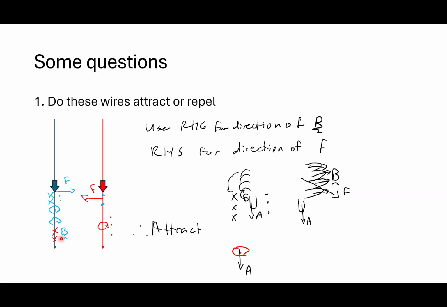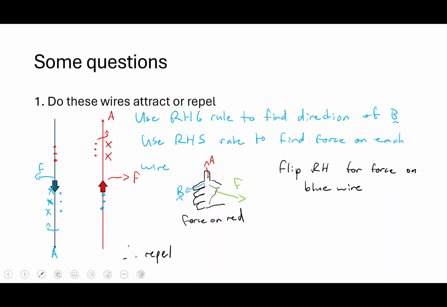What direction is your palm pointing now? Left, yeah. So the force will be left. The blue wire has a force to the right, towards the red wire, and the red wire has a force to the left, towards the blue wire, so they will be attracted. Do the same thing for the other question where there were different currents.